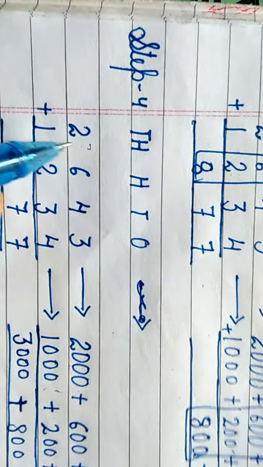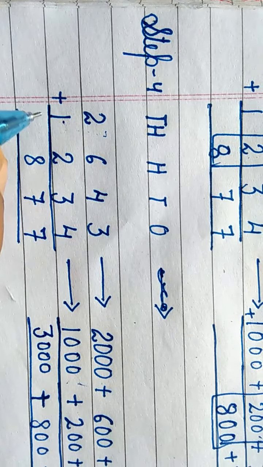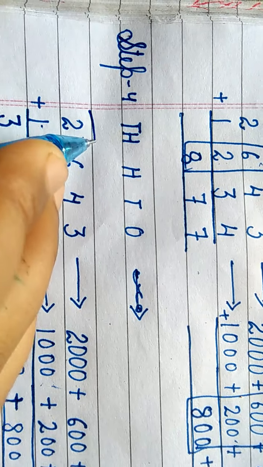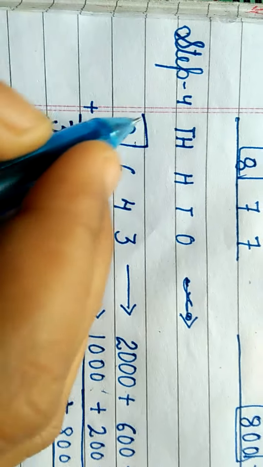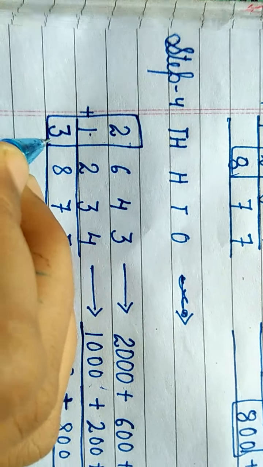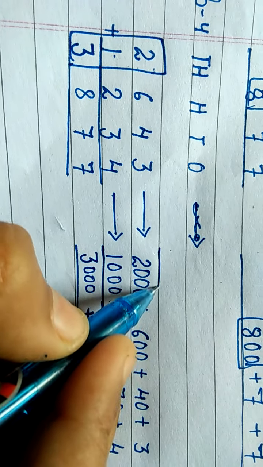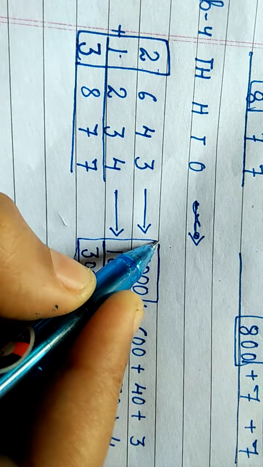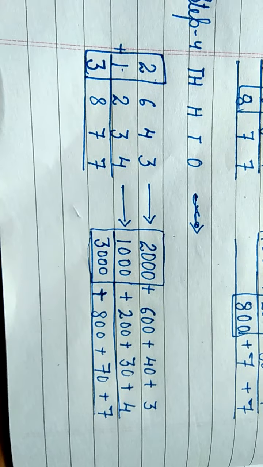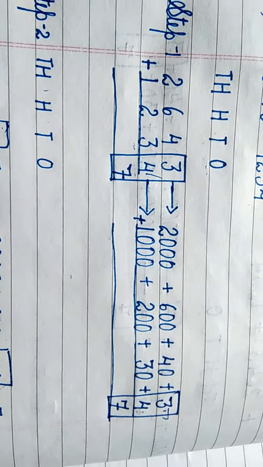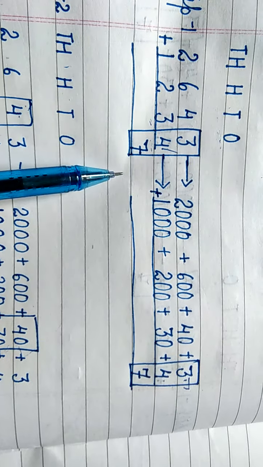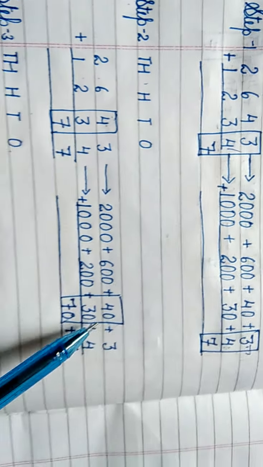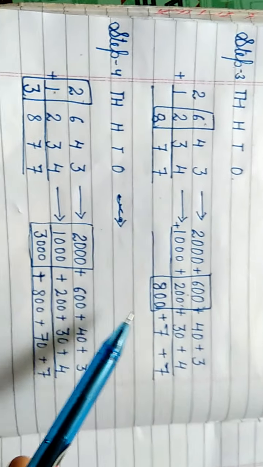And here 2, we will add both numbers. 2 plus 1 is 3, and highlight this. You can see how I have added this question in expanded form.